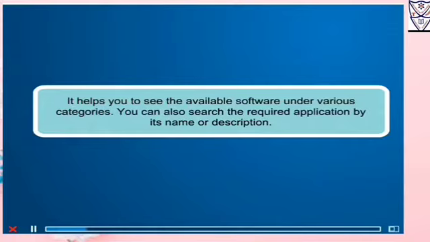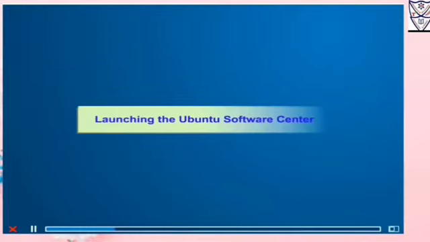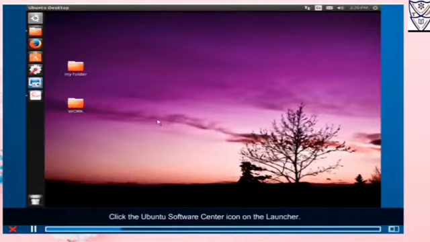You can also search the required application by its name or description. It shows you the applications which are already installed and gives you the option to remove them if they are no more needed. Launching the Ubuntu Software Center. Click the Ubuntu Software Center icon on the launcher.